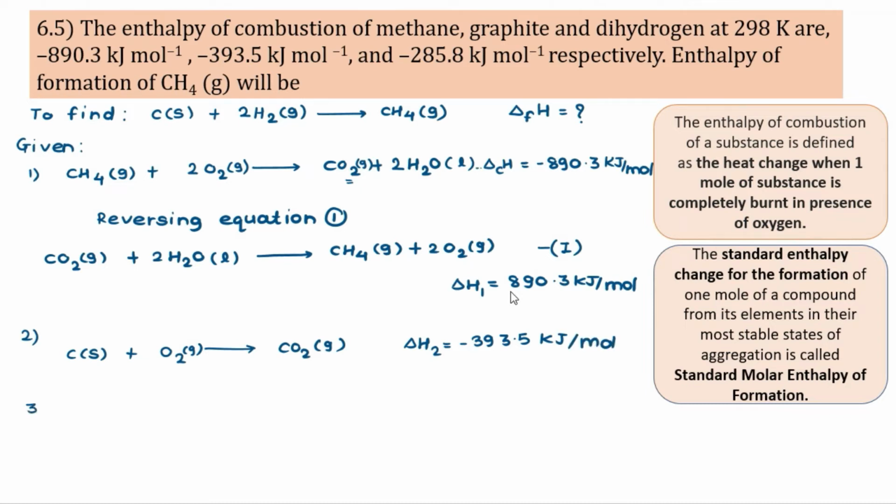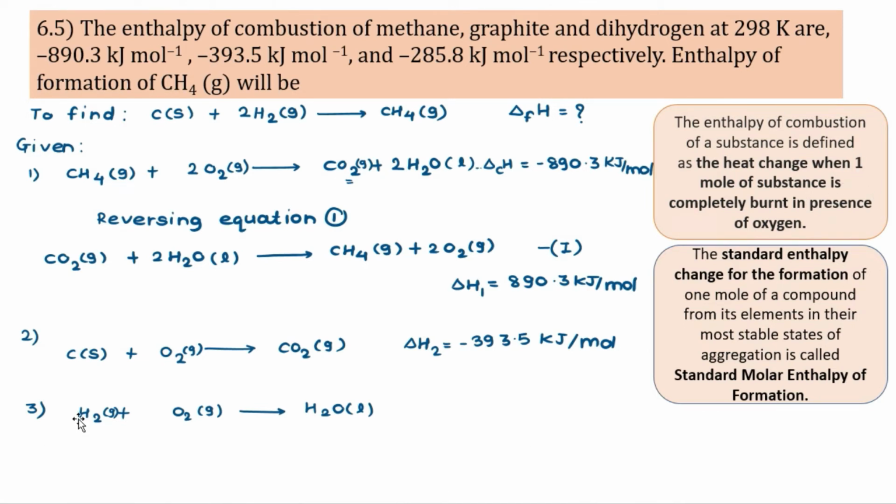Then the third reaction, that is combustion of dihydrogen. Dihydrogen means H2 plus O2, and every time write down its state: H2 in gaseous state plus O2 in gaseous state gives H2O in liquid state. While balancing this chemical equation, remember that in enthalpy of combustion, we burn 1 mole of the substance.